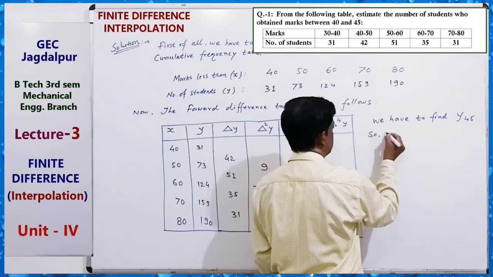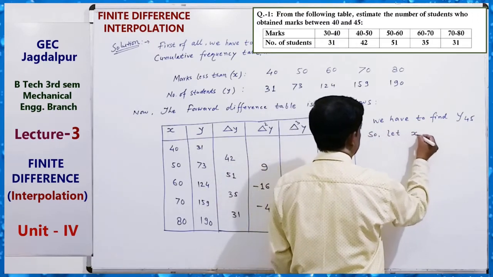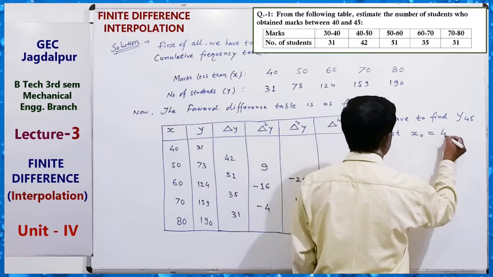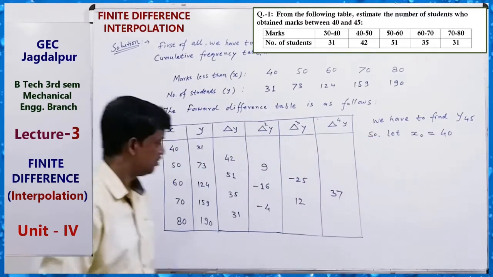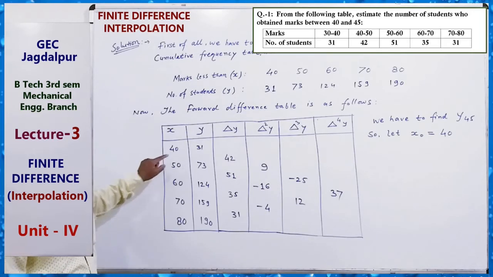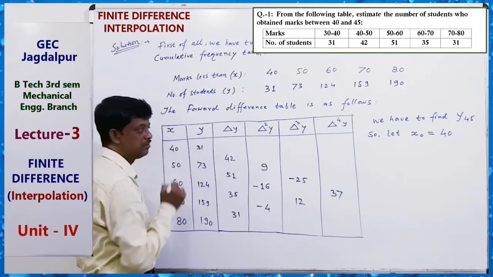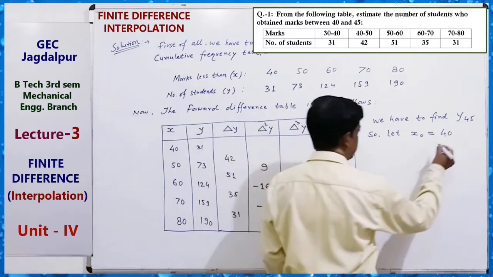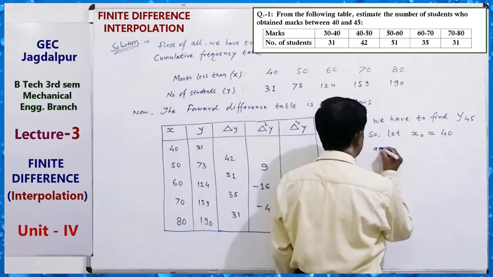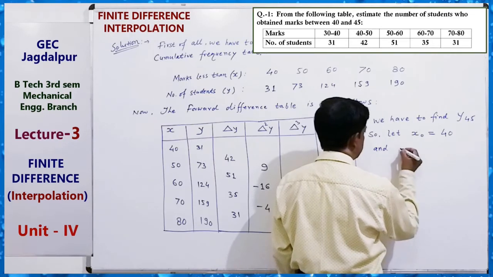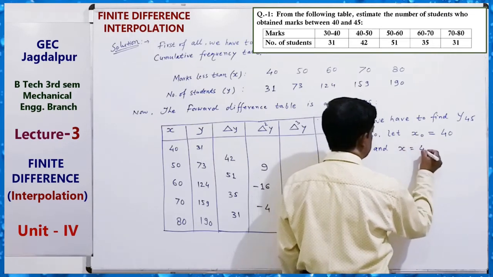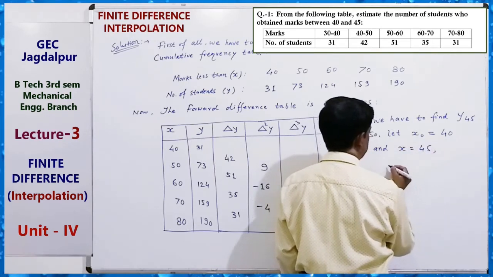So let x0 equals 40. If this is 40, then this is y0. And x equals 45.